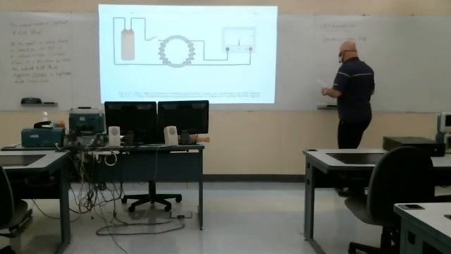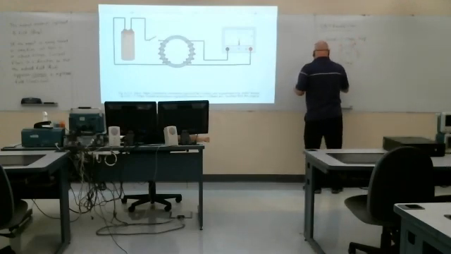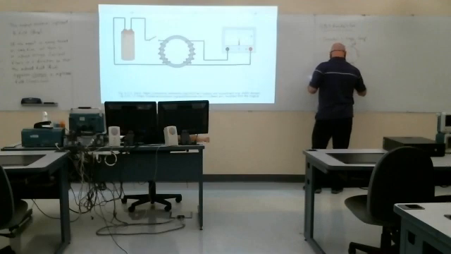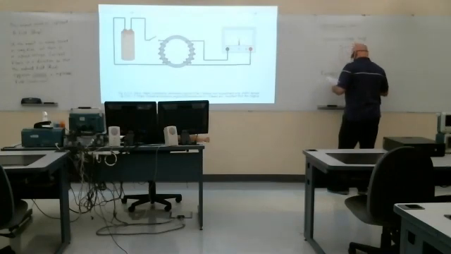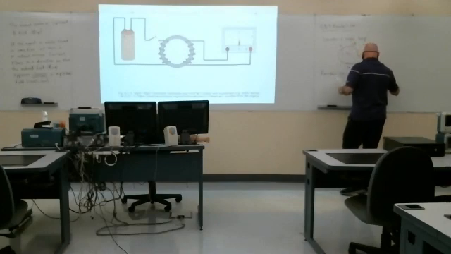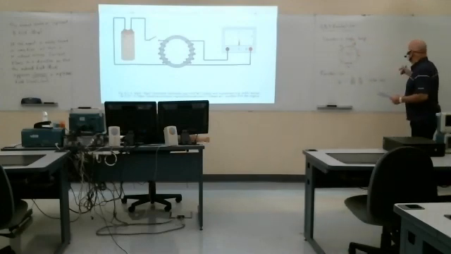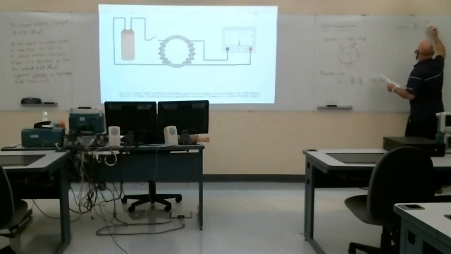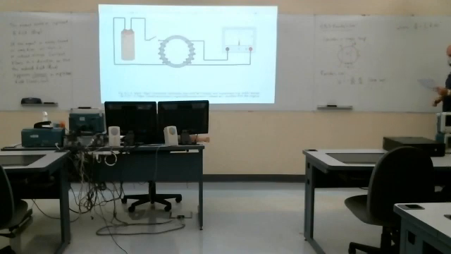But Faraday's law is that the induced voltage is the negative time derivative of the flux through the surface, where here's the equation capturing the flux, B dot dS, that's our standard equation for the flux.